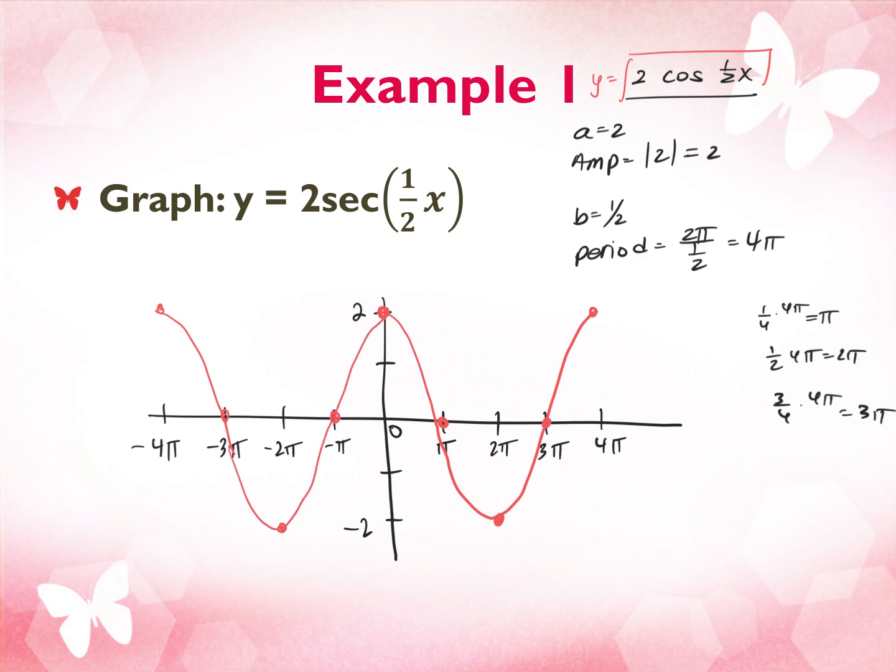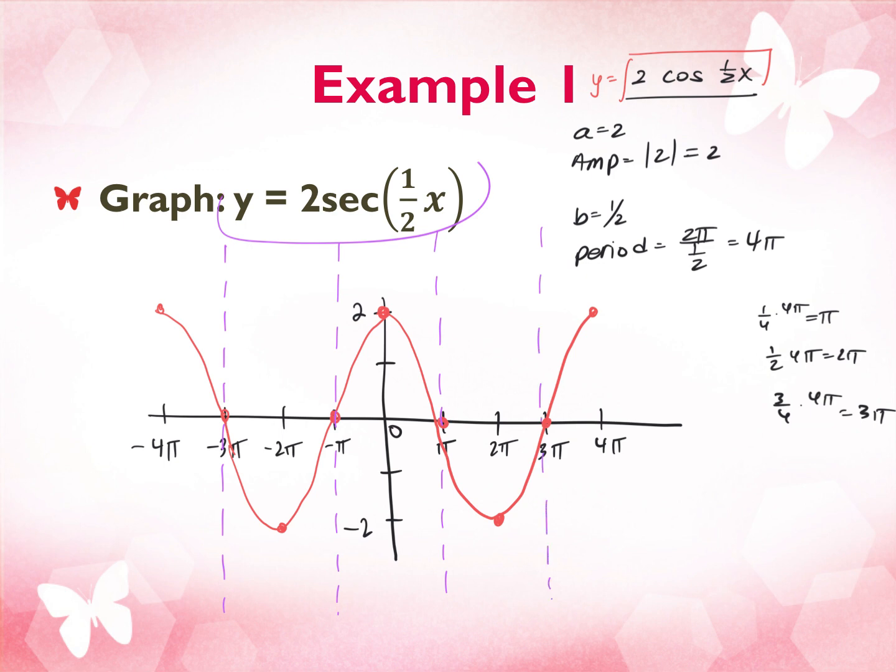Now, what I'm going to do from here is graph my secant graph. Everywhere I go through the x-axis, wherever the y value is 0, I'm going to put an asymptote. So I'm going to put an asymptote through -3 pi, through -pi, through pi, and through +3 pi.